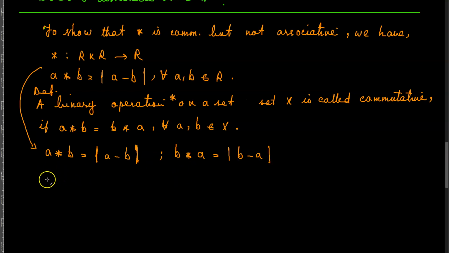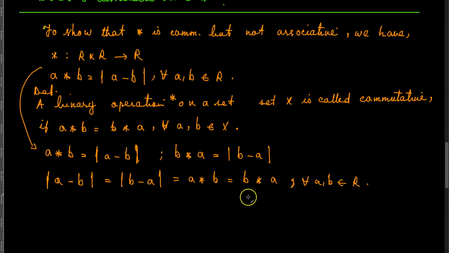And of course, you know that the absolute value of a minus b is equal to the absolute value of b minus a, which is equal to a star b, which is equal to b star a, for all a and b belonging to the set of real numbers. Which means that star is commutative, right? Now we want to show that star is not associative.